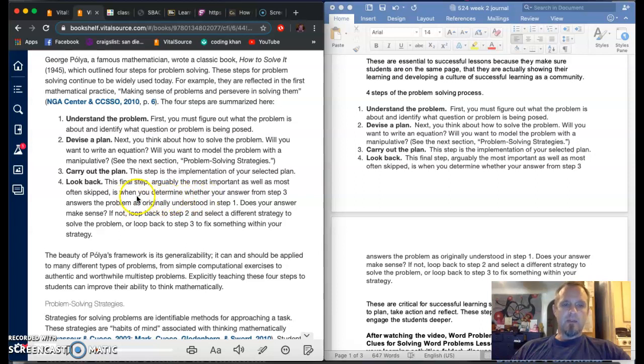And then looking back, it says that this step is arguably the most important, as well as most overlooked. So again, getting recentered in the present, making sure that the answers are making sense, checking the strategy, and seeing if there is anything that needs to be redone or done in a new or different way.